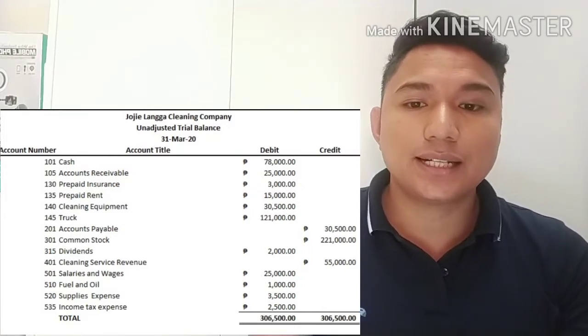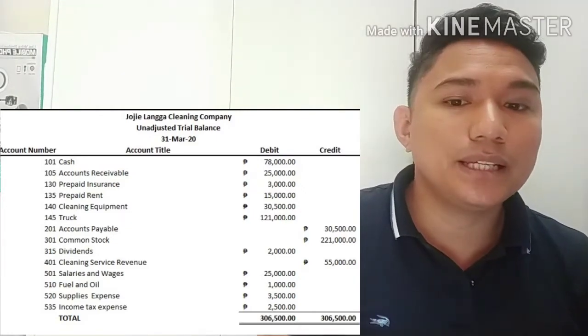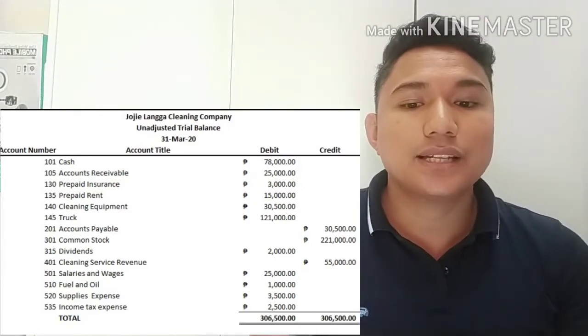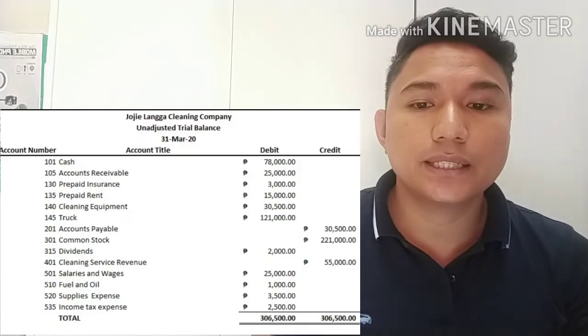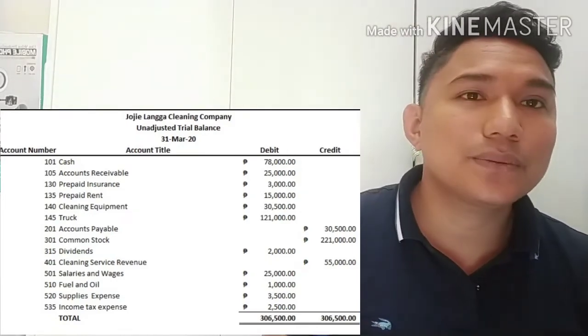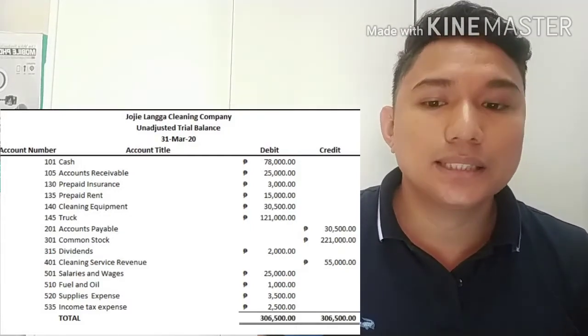As you can see in the trial balance, you have the heading Joji Langa Cleaning Company, the name of the company, unadjusted trial balance. This is the title of the report, and a certain date, which is the end of the month, March 31, 2020.